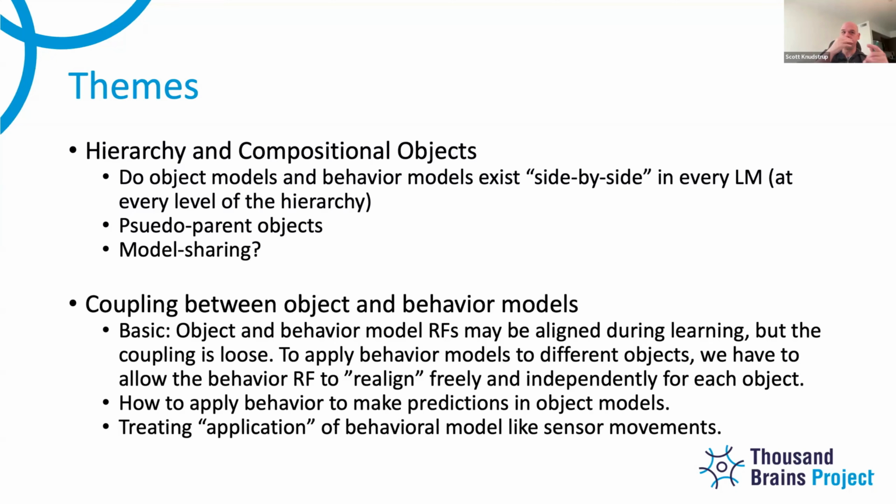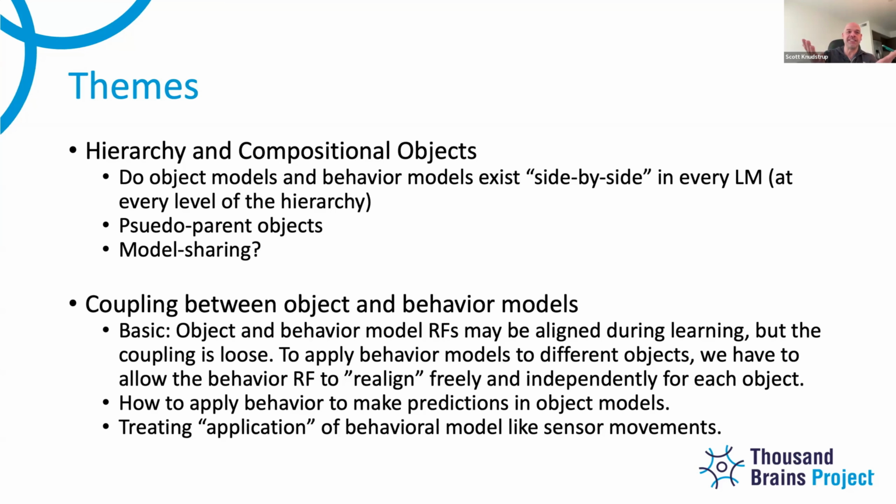The next major bullet point here is precisely how the behavior model is used to update object models or make predictions on object models, which we've discussed a lot lately.